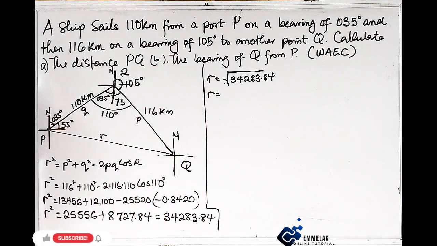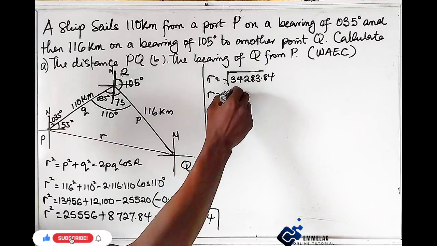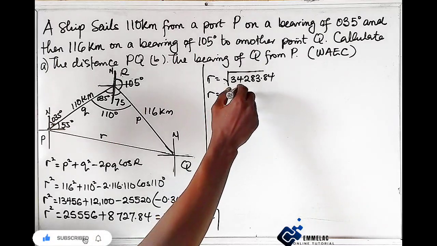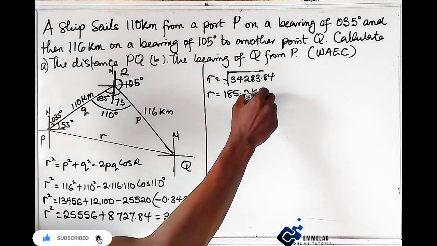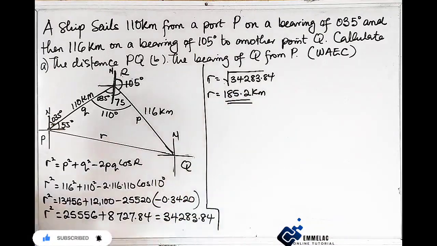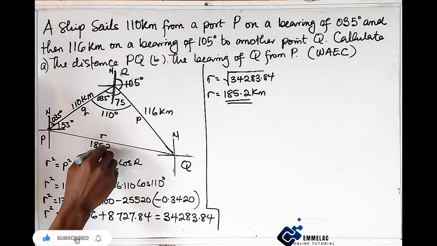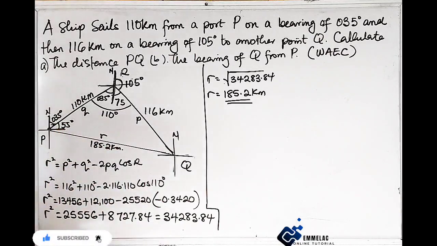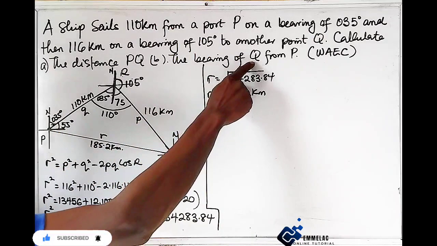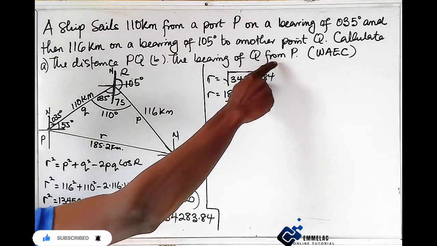So the square root of our answer will give us approximately 185.2 kilometers. To this extent, we have gotten PQ to be 185.2 kilometers.